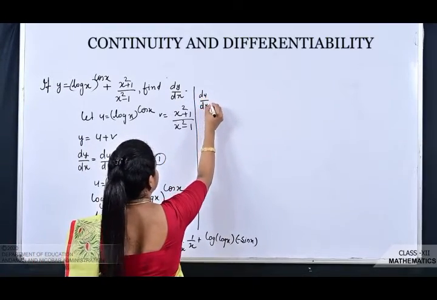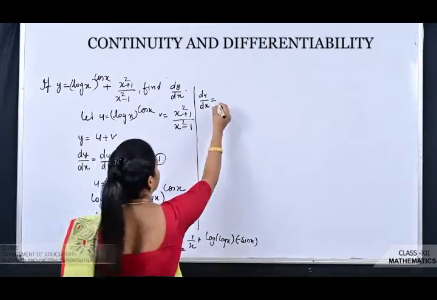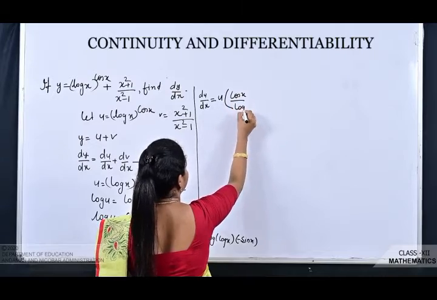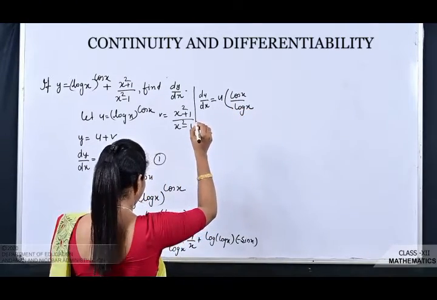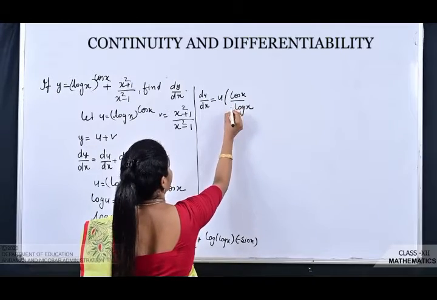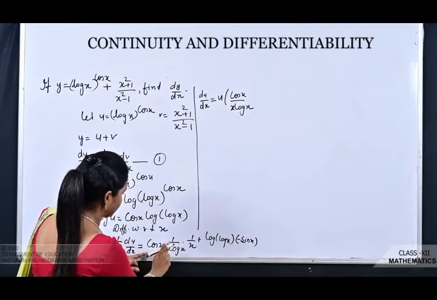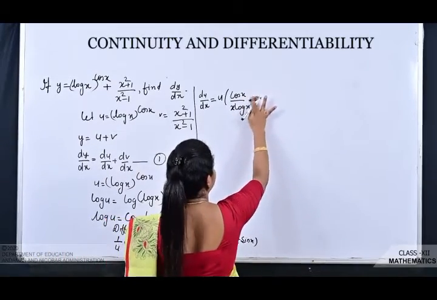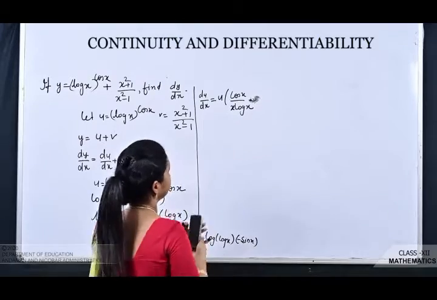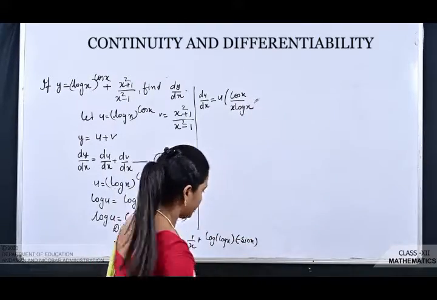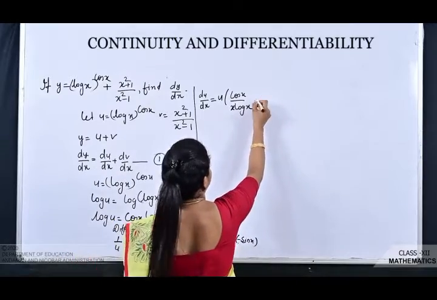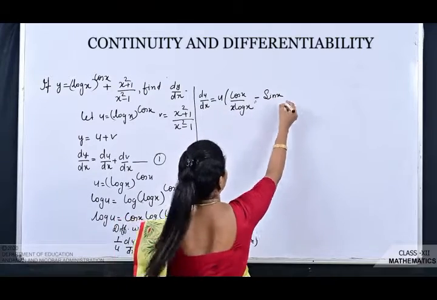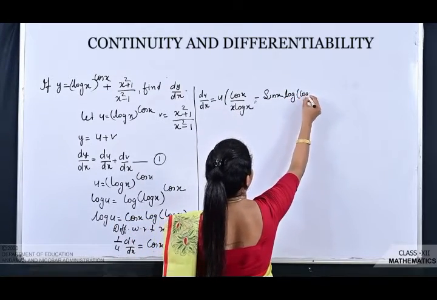du by dx, I am taking u to the other side, u into cos x by x log x, clear, plus, this will become minus here, because here minus sin x is there, so this plus will become minus sin x into log of log x.